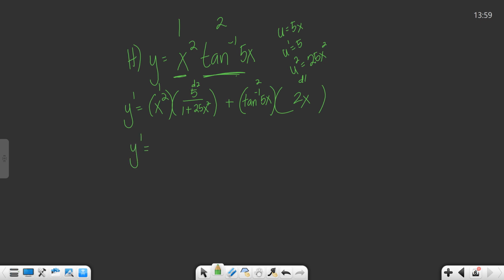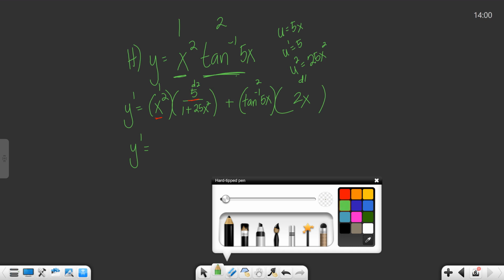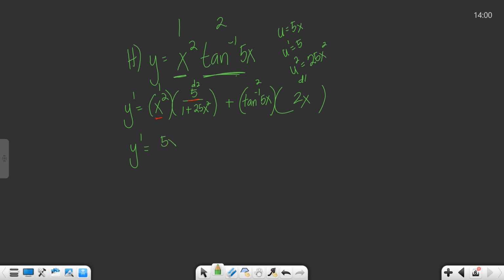All I can really do is multiply the x squared and the 5. So I would get 5x squared over 1 plus 25x squared plus, now remember it's super bad if you try to mix that 5x and that 2x and multiply them together. You cannot, because that's arctan 5x. You cannot multiply that 2x in there, so just write it on the front. And there you go. There is your derivative.